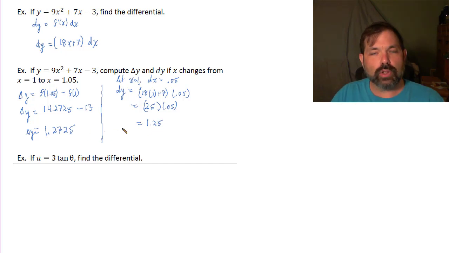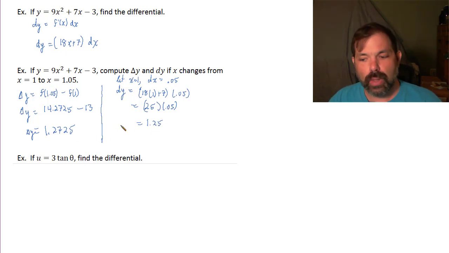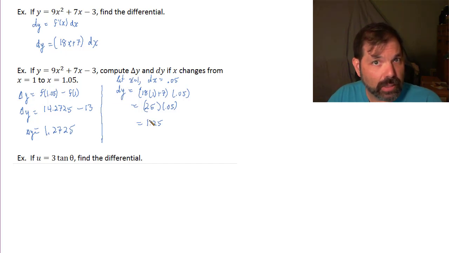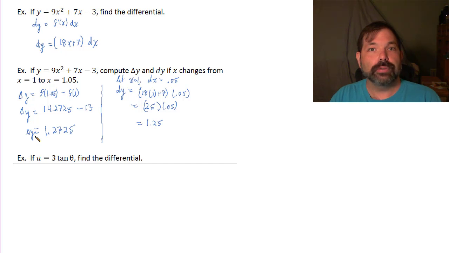And notice that those are relatively close to each other. One way to think about it is that dy was easier to calculate than delta y. We didn't have to go through the function twice and then subtract. Instead, we used the derivative of the function and the change in x to calculate dy, and these are relatively close to each other.